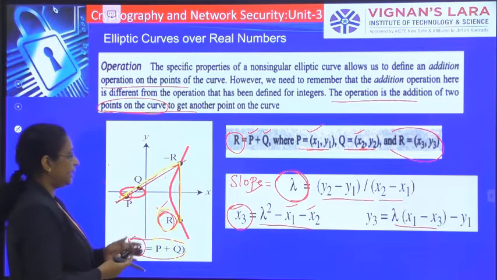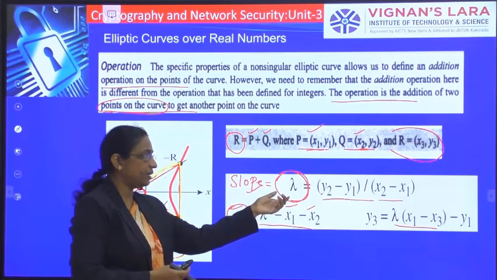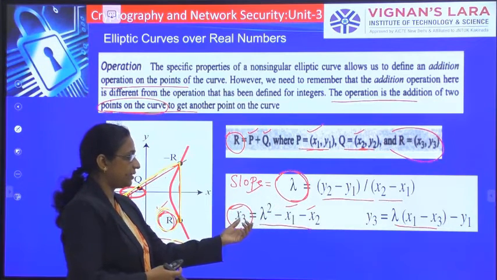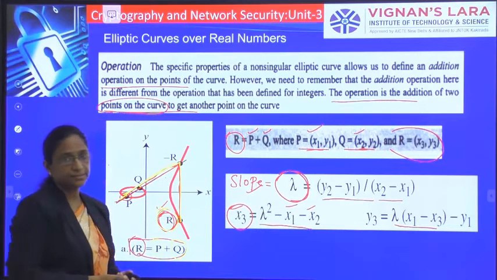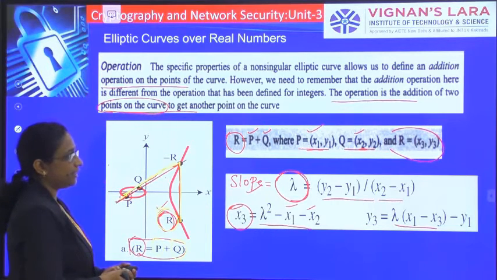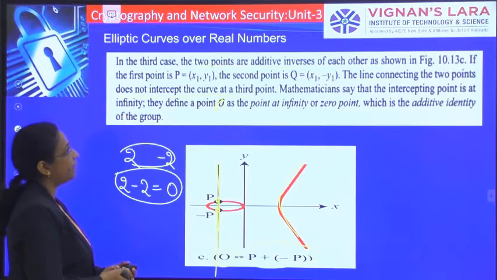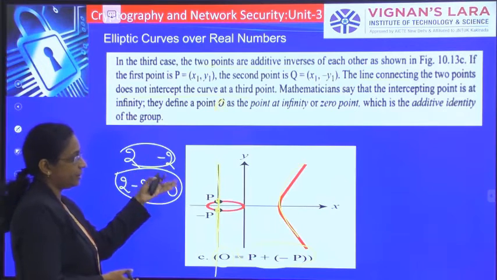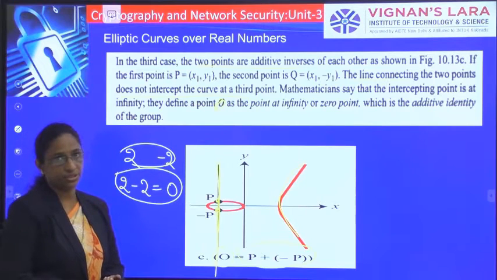Since it is a line going through them, for that line we calculate a lambda value, and from that we determine these x3 and y3 points. Similarly for doubling the point, and similarly for taking 2 points as additive inverses of each other.